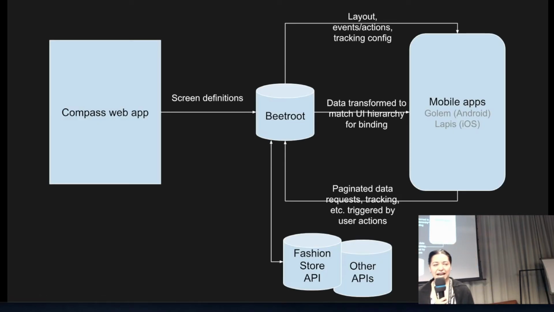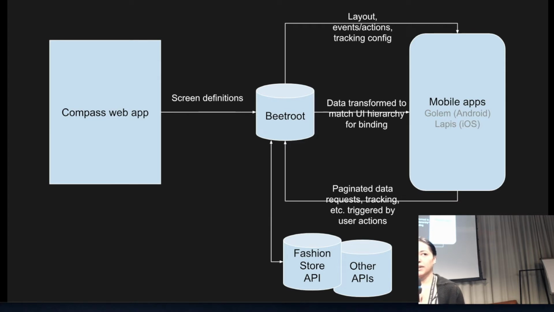So this is a very generic diagram of how these tools play together. The starting point is always Compass, which is our web tooling. It provides the screen definitions. Beetroot, which is the backend service, combines this, and connects to the Fashion Store API and other APIs.